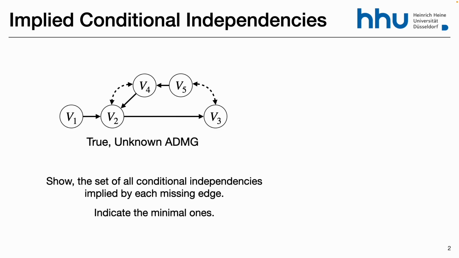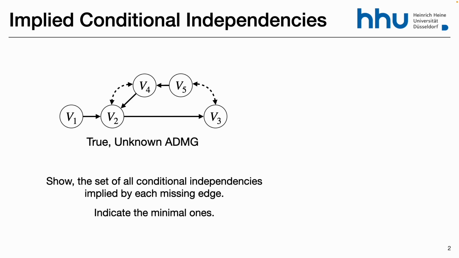A causal diagram, for example, this one, encodes not only the ancestor relationships, so this is the structure of an underlying causal model, but one thing that you can extract from it through d-separation is a set of conditional independencies. So we call them implied conditional independencies. For example, I would like to ask you for the set of all conditional independencies implied by this graph. The first thing you should look at is the missing edges.